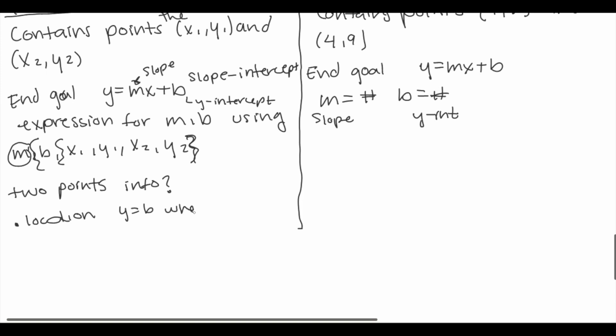So if we know that either x1 or x2 is equal to 0, we can find something about the y-intercept. Then we could talk about the distance between the points, and this is going to be the interesting part.